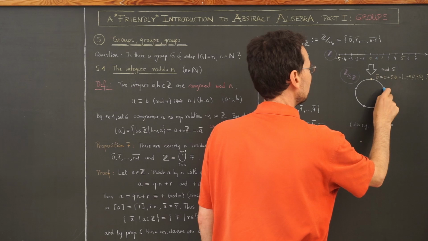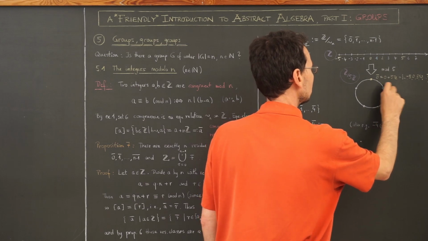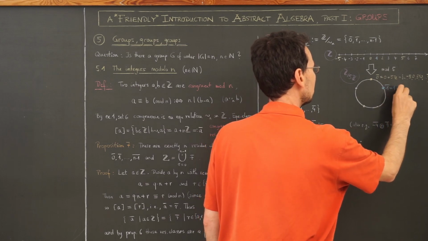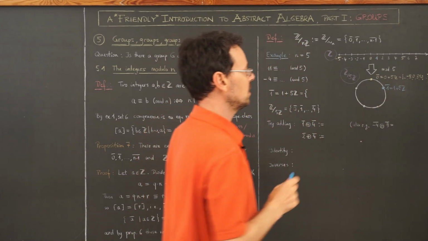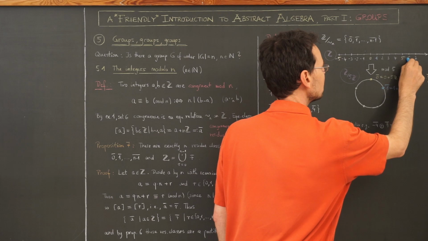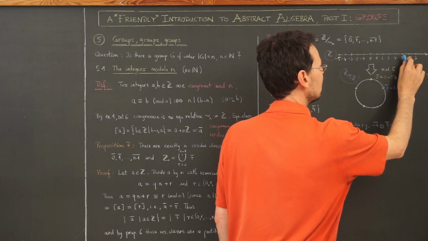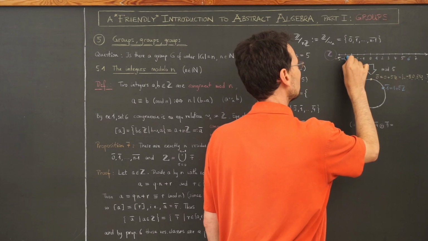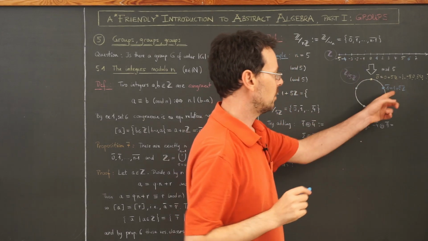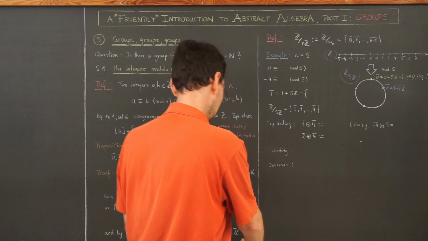Next, we take the number 1 and associate it with its residue class, 1 plus 5Z. This contains the 6, it would contain the 11, and so on, and here the minus 4. Not going to write that down every time, you just look at that.